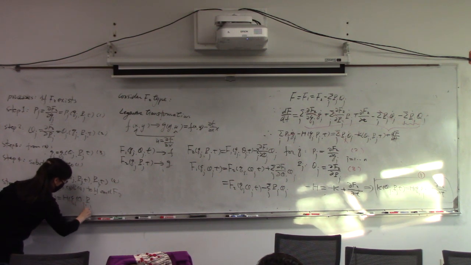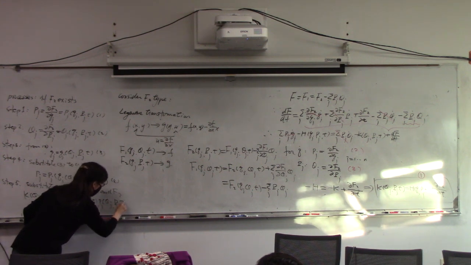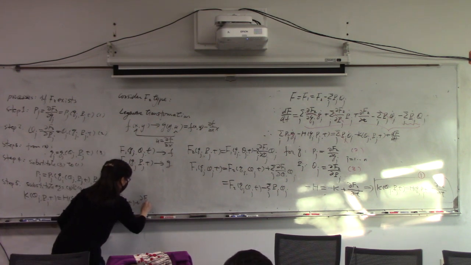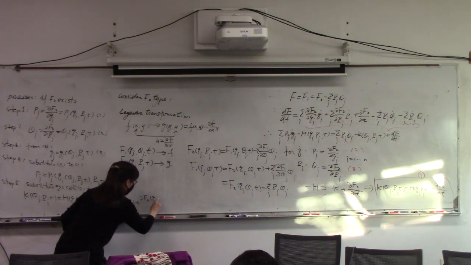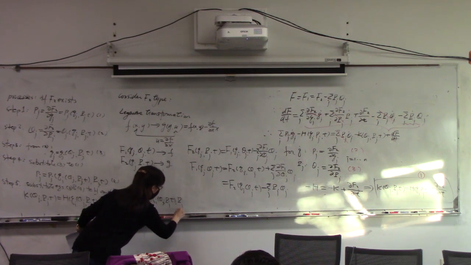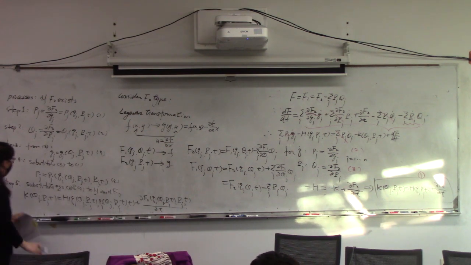Now these are all in terms of the new canonical variables. Partial F2, which is also converted to canonical variables. Okay, so the remaining part is the same.